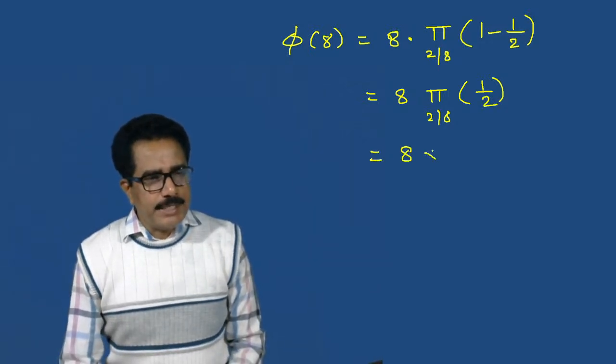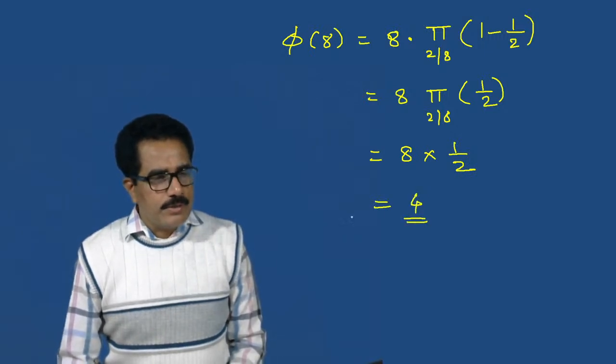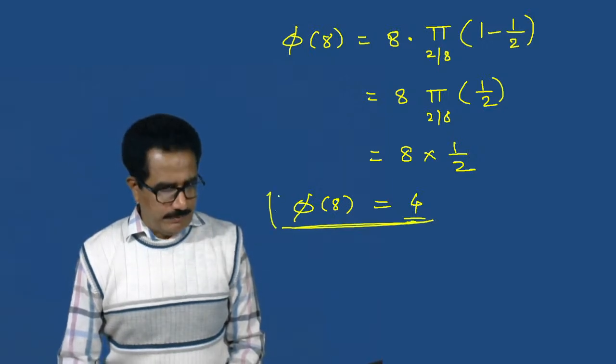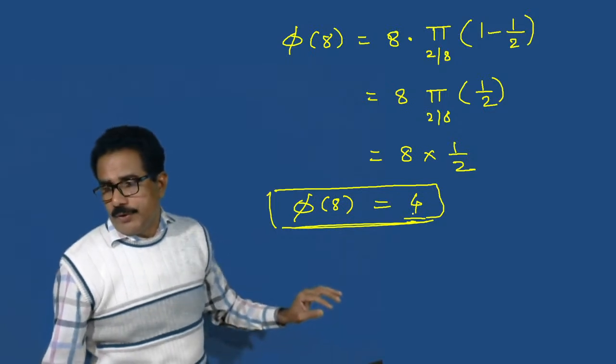So 8 into 1 by 2 means 4. So we get phi of 8 is equal to 4.